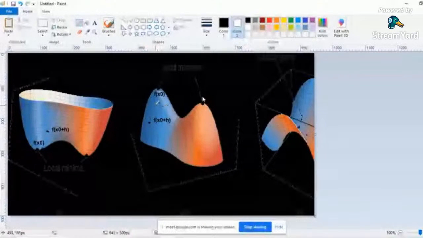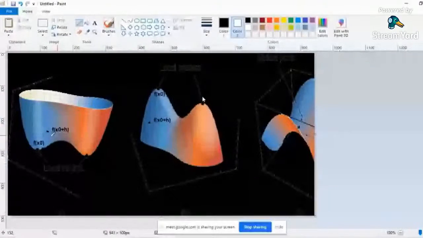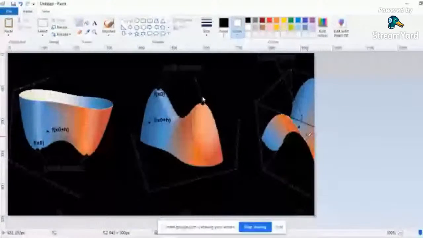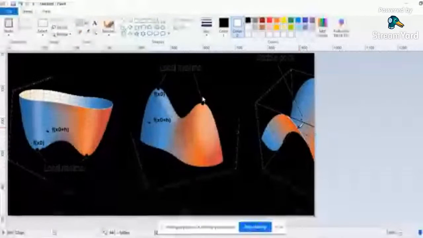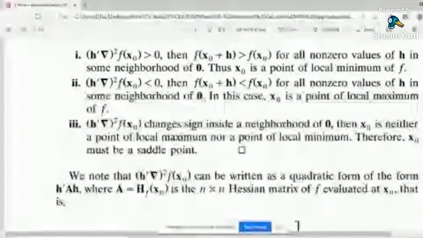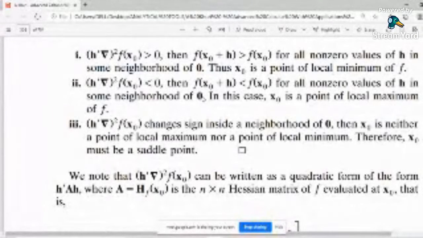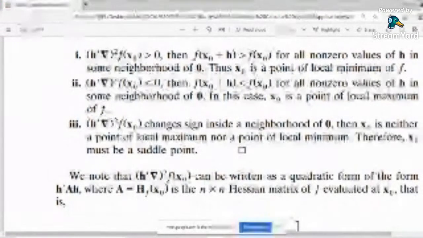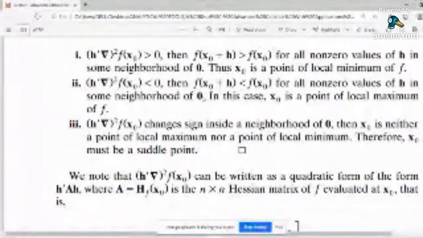Here always f of x naught plus h is below, here also always f of x naught plus h is above, but here that does not happen. Sometimes it may be below, sometimes above. So we cannot say this is a point of maximum or a point of minimum. That type of point is called a saddle point, neither a point of local maximum nor local minimum. Therefore, x naught must be a saddle point. So this proves the theorem.